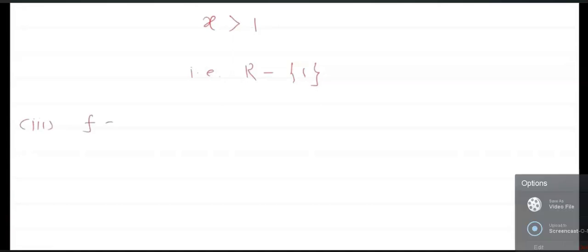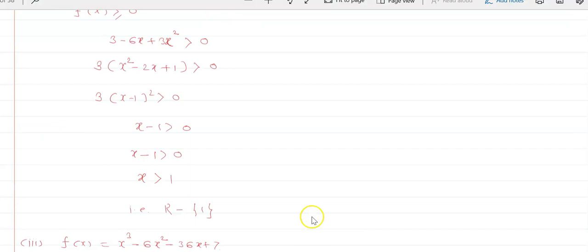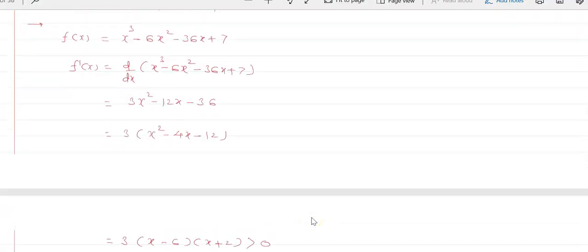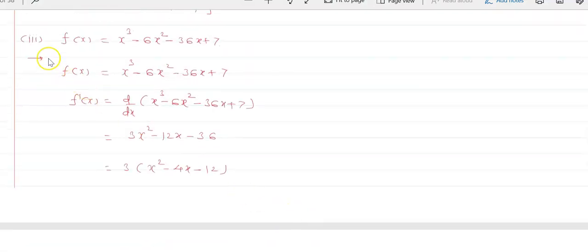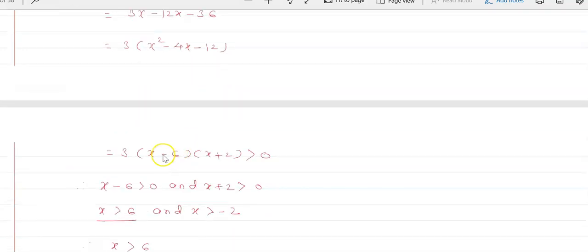Now the third one, f of x is equal to x cube minus 6x square minus 36x plus 7. First, f dash is 3x square minus 12x minus 36. Take 3 as common. Then 3 in bracket, x minus 6 times x plus 2 greater than 0.